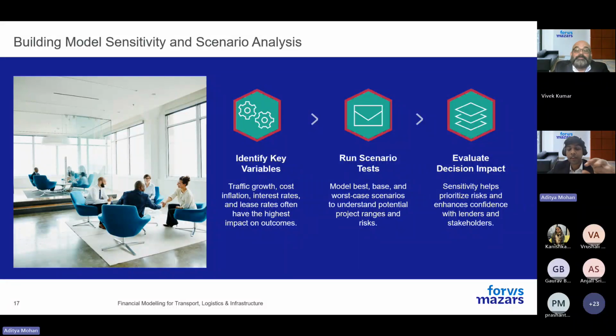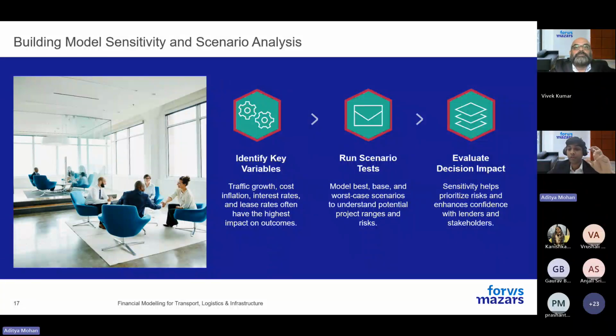Now, after that, you would evaluate the decision impact. This is where your real insights lie. So once you toggle between these scenarios, you would see the impact that it has. And let's say, for example, a 2% fall in lease occupancy drops your DSCR from 1.4 to 0.9.